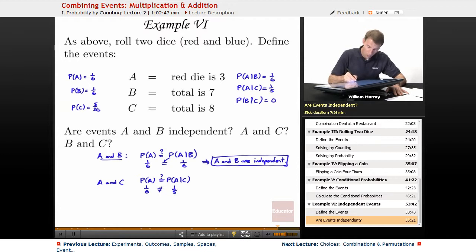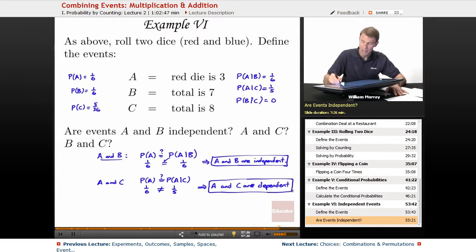No, that's not equal. 1/6 is not equal to 1/5. So that tells us that A and C are not independent, they are dependent. I'll try to give you some intuitive feel for that in a moment. I want to go through and do all the calculations first. Then we'll come back and see if we can make some kind of intuitive interpretation of this. So that was for A and C.